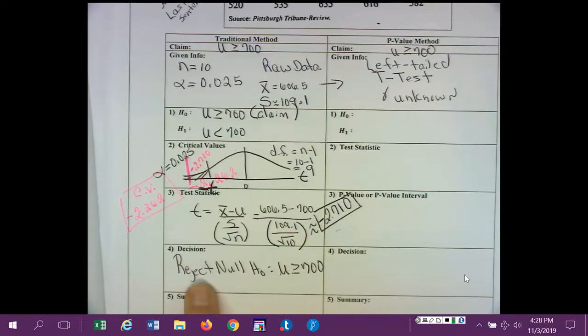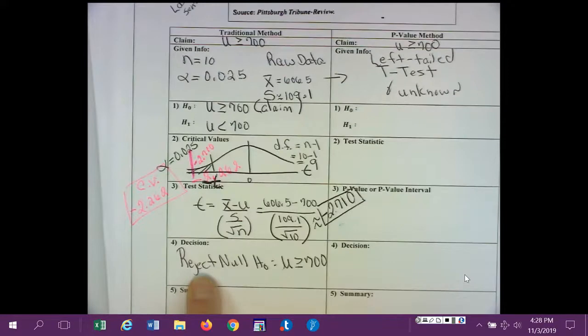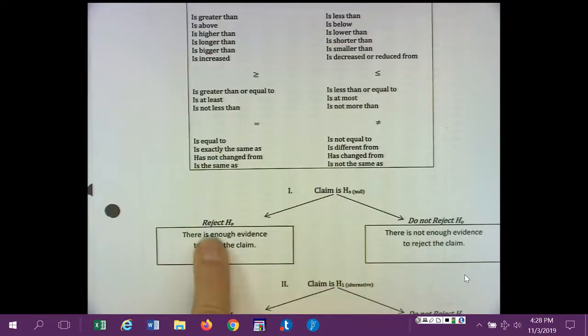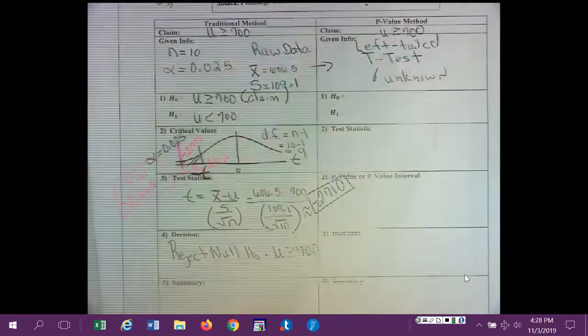My claim is the null, and we rejected the null, so what does that mean? Claim is null, reject the null. There is enough evidence to reject the researcher's claim that the average height is at least 700 feet, sadly. So I'm going to write that down.